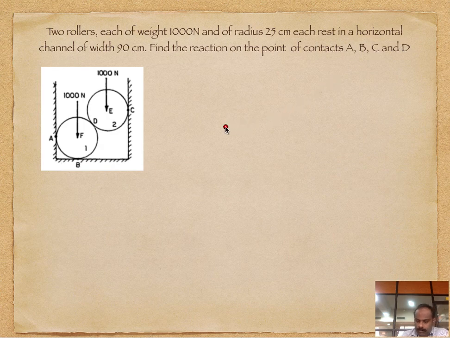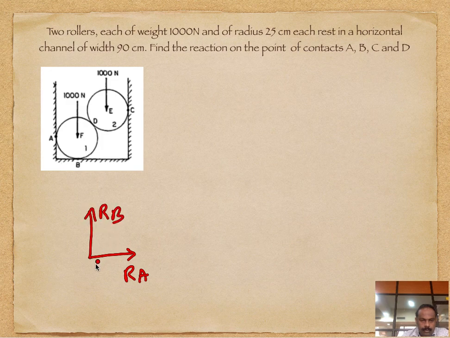Now let's look at how we can draw the components. First of all, we'll draw the forces, the free body diagram. You have RA, going up is RB, theta RD, and down, which is 1000 Newton.